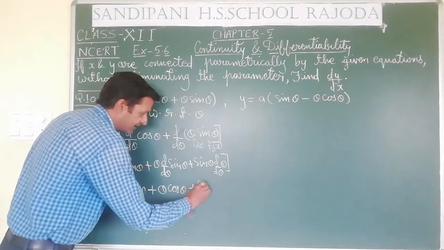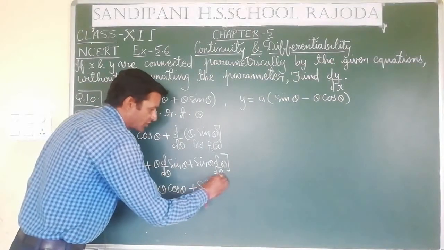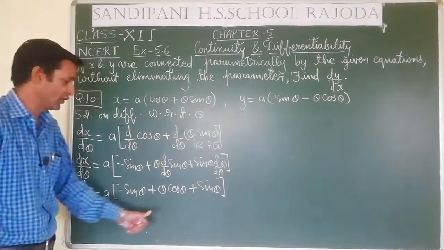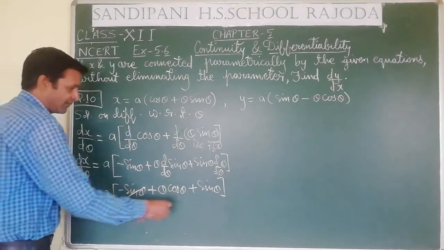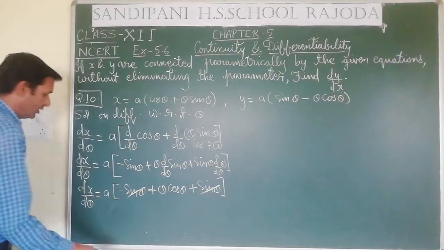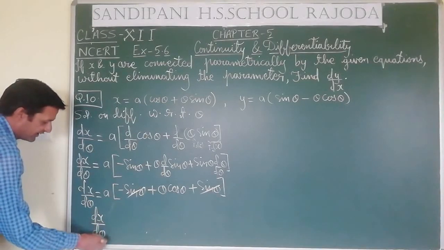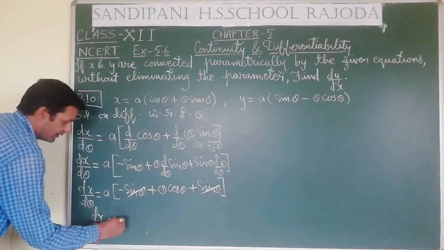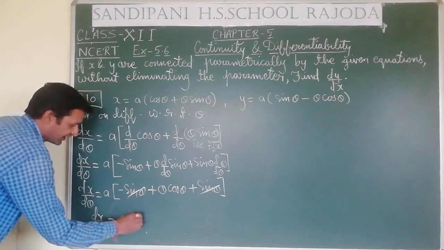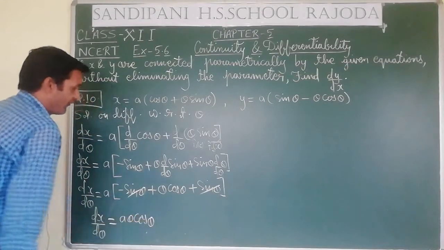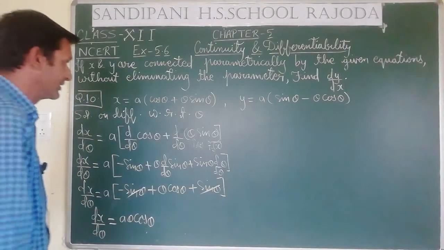So it will be sin theta alone, because sin theta into 1 is sin theta only. So this negative sin theta and positive sin theta will be cancelled out. So the final result for dx by d theta will be a theta cos theta.